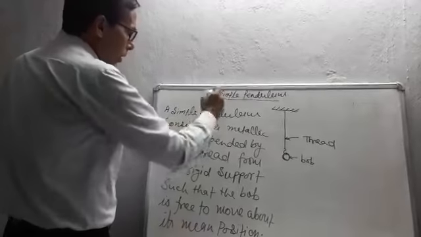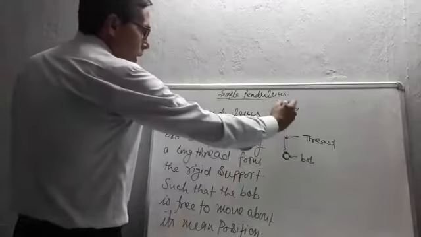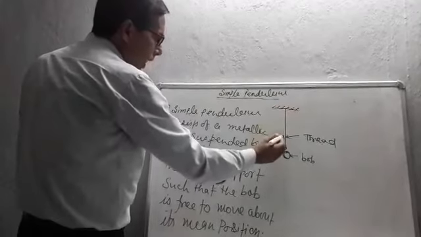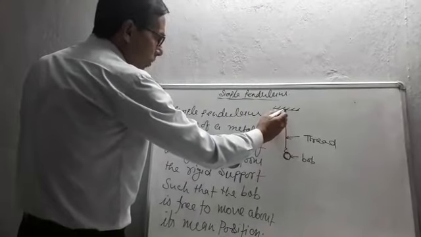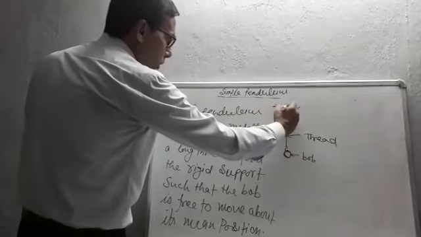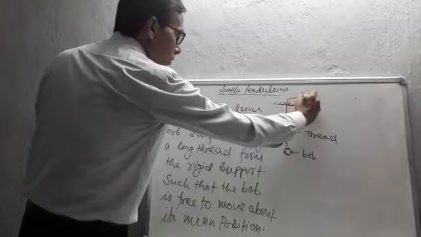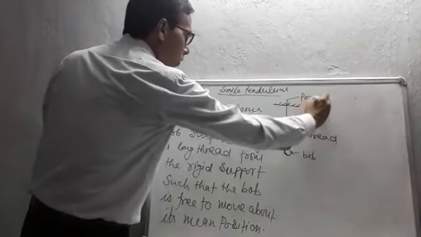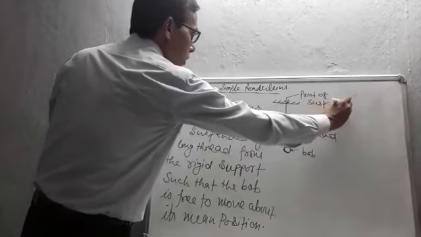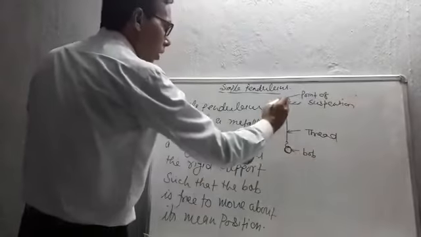Now, what is the length of the pendulum? This point from which the free end of the thread is fixed to the rigid support is called the point of suspension, and this is the center of the bob.